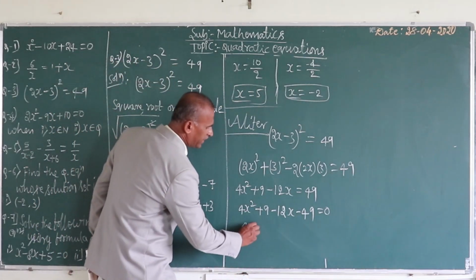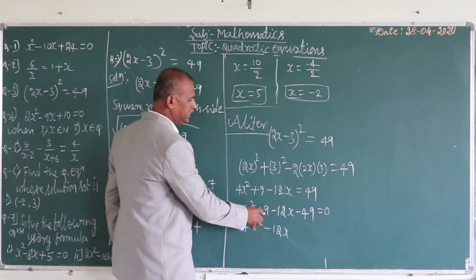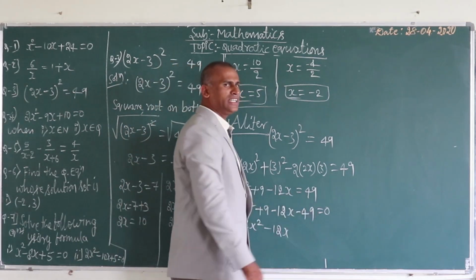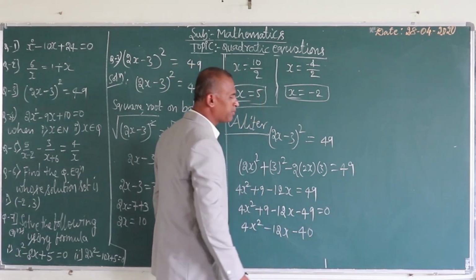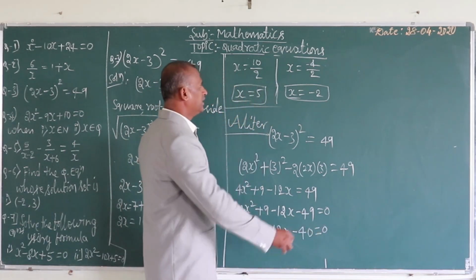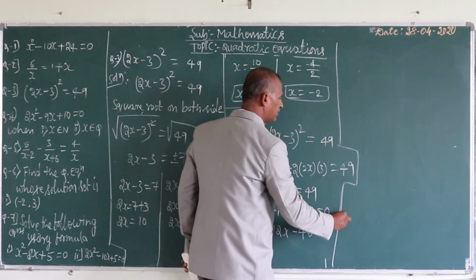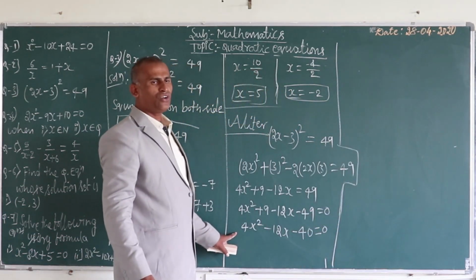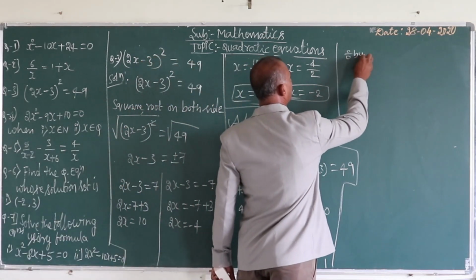So 4x square minus 12x, plus 9 minus 49 is minus 40, equal to 0. The given equation is divisible by 4, so we divide by 4.